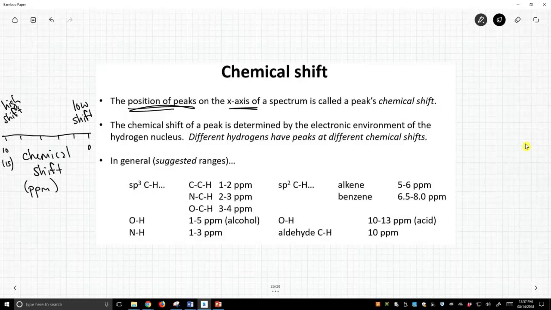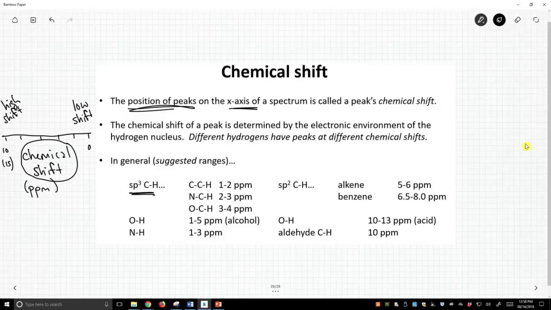Now, just as we saw with IR we had wave numbers, and those wave numbers indicated where certain functional groups showed up. The chemical shift values are kind of like wave numbers. The position of our peak in terms of its chemical shift will tell us about the environment of that hydrogen atom, and very often it comes down to its functional groups. So, sp3 hybridized CHs.